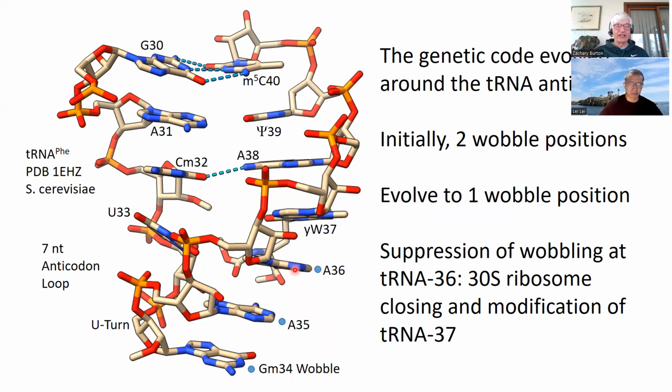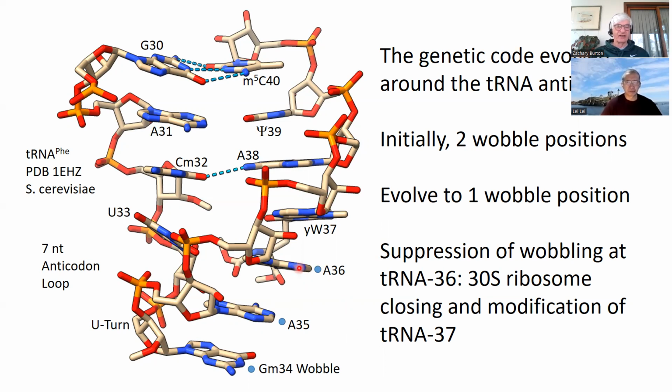But part of the reading of this base is this heavily modified base. This heavily modified base maintains the frame of three nucleotides and doesn't allow a four nucleotide anticodon. For one thing, it can't form base pairs because of the modifications. So this is part of the reading of this base.